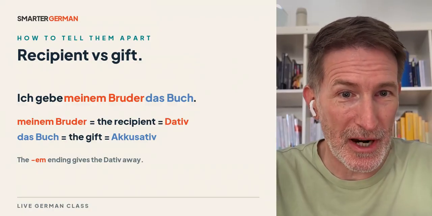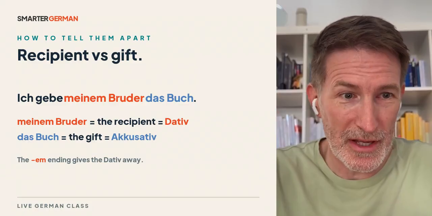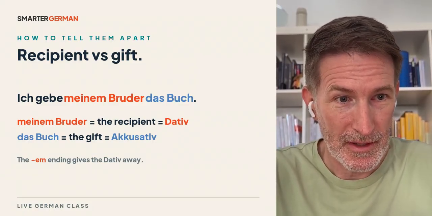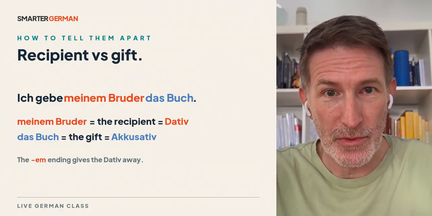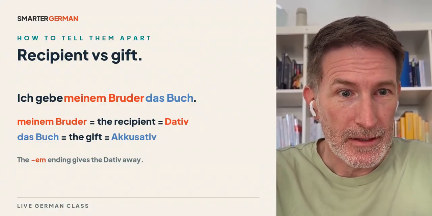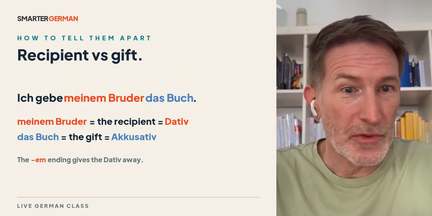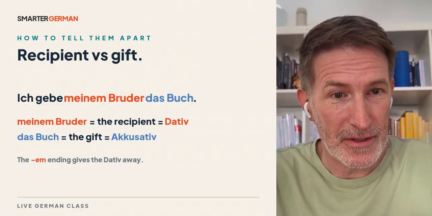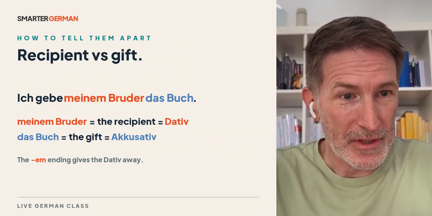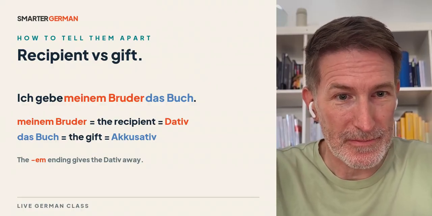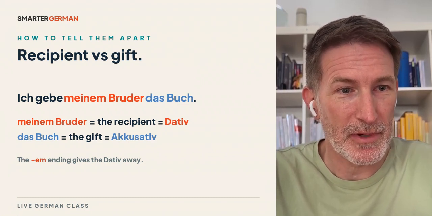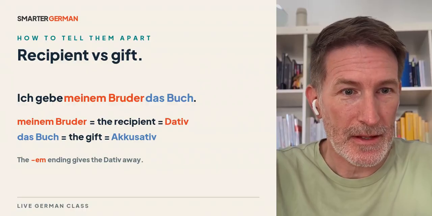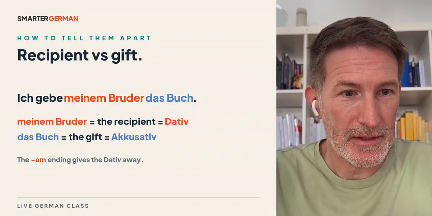So dative before accusative. There are four possibilities. The first one is this one. You have two full objects with nouns, and then you can have only one of them. Ich gebe es ihm.